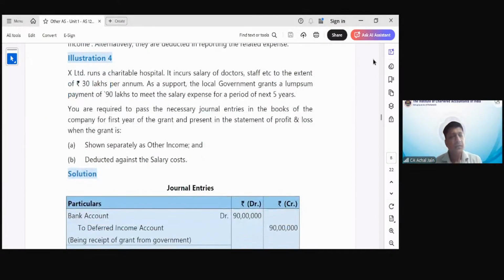And then for the first case, we have to defer it for a period of 5 years. So, per year, 18 lakhs. So, deferred income, that is government grant account debit to government grant income 18 lakhs, which will be taken to other income in P&L.